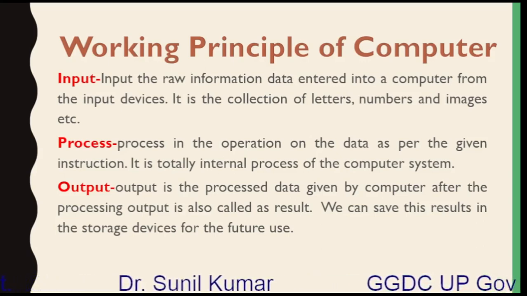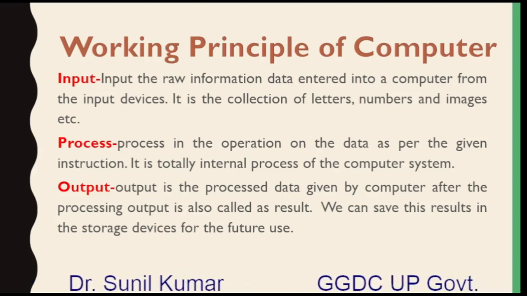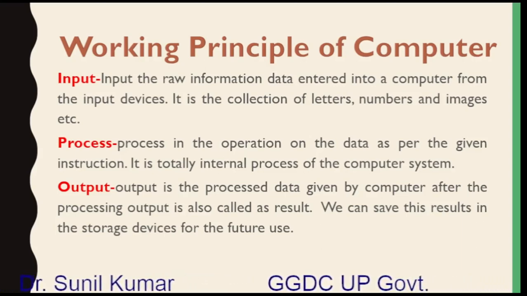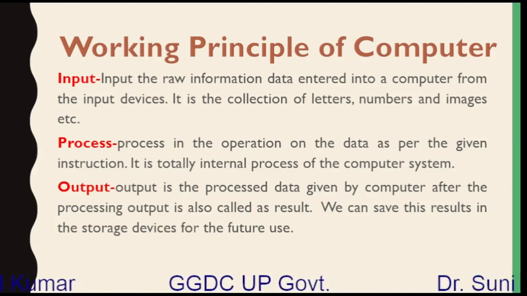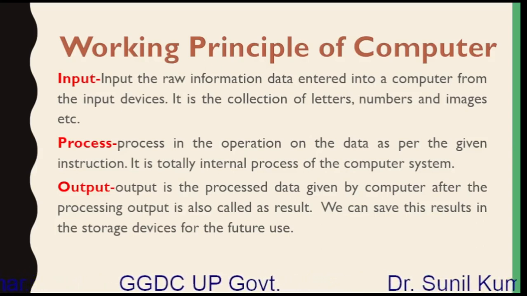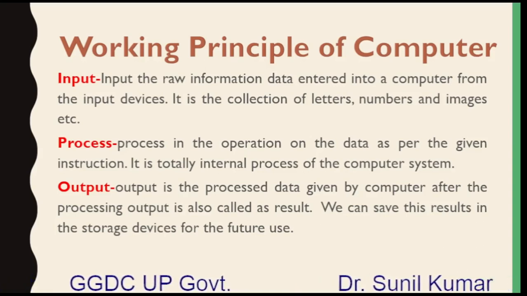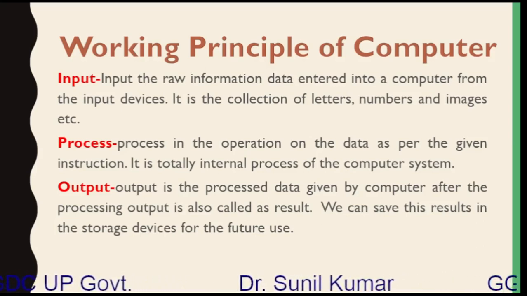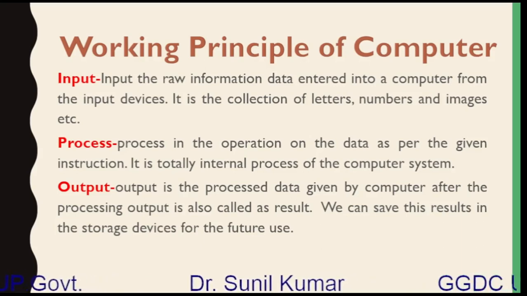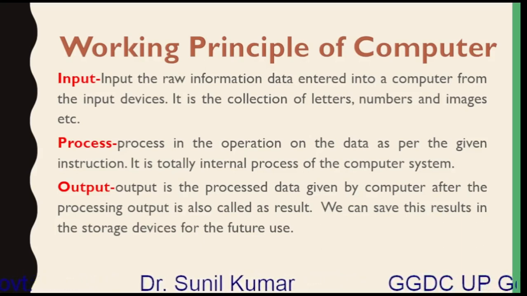It is a totally internal process of the computer system. Output or result: output is the processed data given by the computer after the processing. Output is also called the result. We can save the result in storage devices for future use.